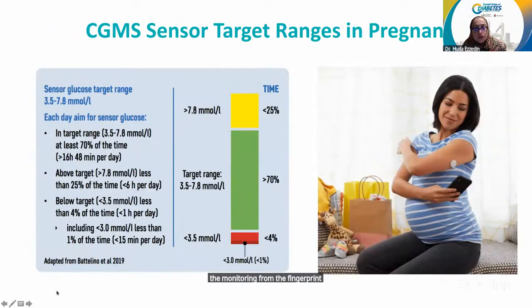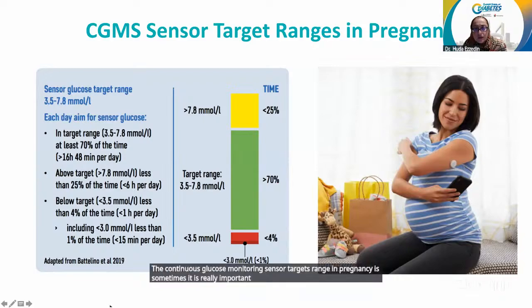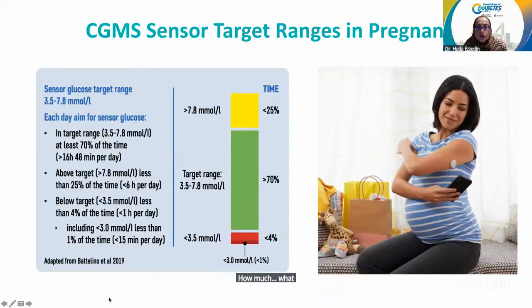The continuous glucose monitoring sensor target range in pregnancy: sometimes it is really important to identify the time. What is the percentage of the target range in 24 hours?